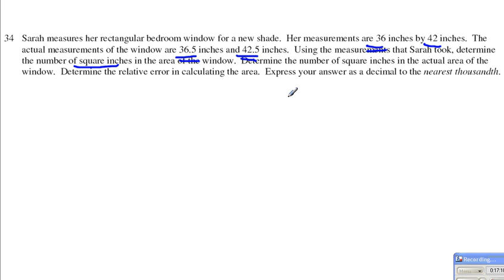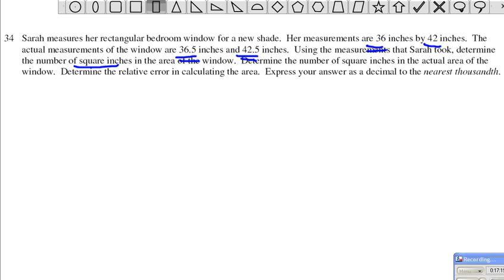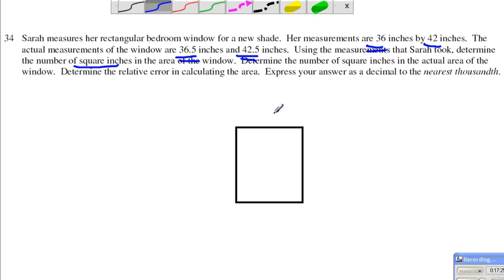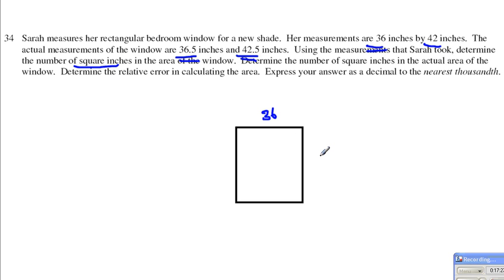Now, since her measurements are 36 and 42, we're going to have a rectangle, and this portion looks like 36 and this portion looks like 42. In order for us to get the area, we just have to multiply those two things.